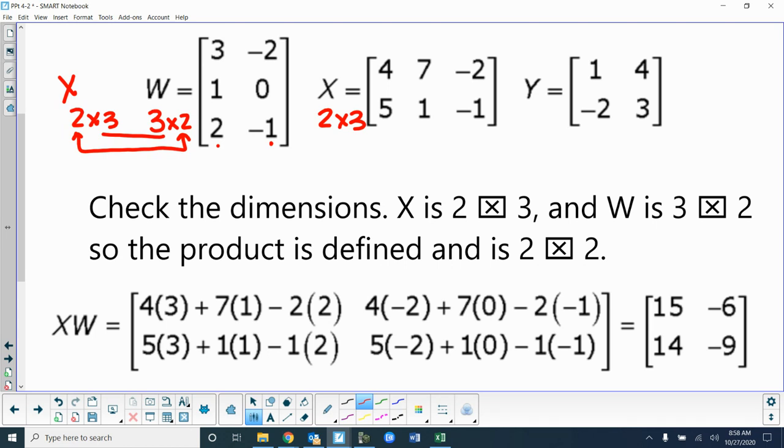Negative 2, 0, negative 1. Then you do this row. 5, 1, negative 1. And then these don't change. You're going 3, 1, 2 again. 3, 1, 2. 5, 1, negative 1. And then 2, negative 2, 0, negative 1.